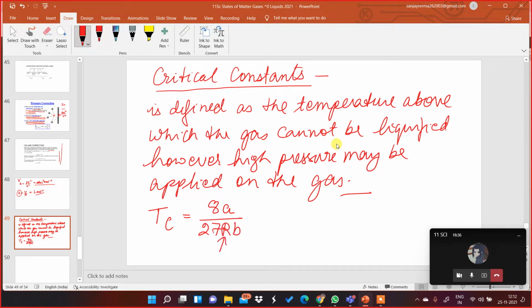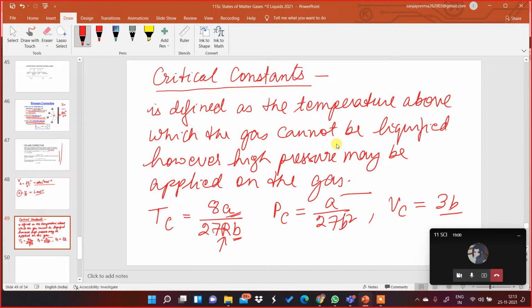This R is a constant, the gas constant. This is from the pressure volume correction. PC, the critical constant for pressure, is A by 27B square, and for volume, the critical constant is 3B. So knowing the values of A and B, we can get the critical constants.